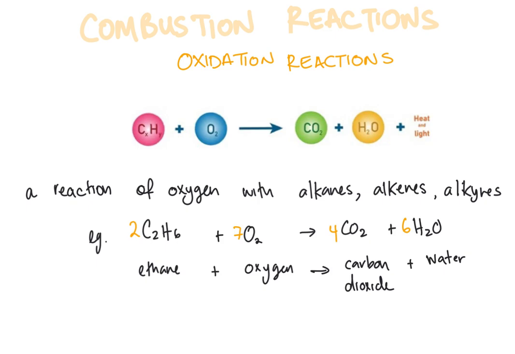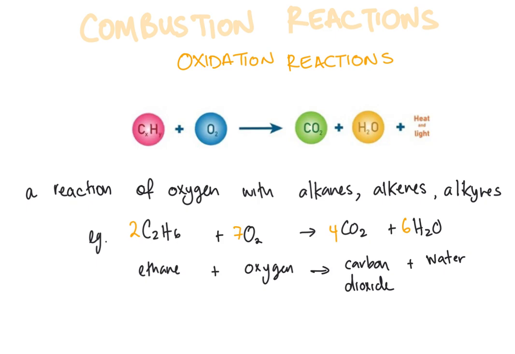Now we're going to have a look at what structural formulas look like. They can ask you to draw structural formula, molecular formula, whatever the case is. A combustion or oxidation reaction is the reaction of oxygen with alkanes, alkenes, or alkynes. For example, here I've got ethane plus oxygen gives carbon dioxide and water.